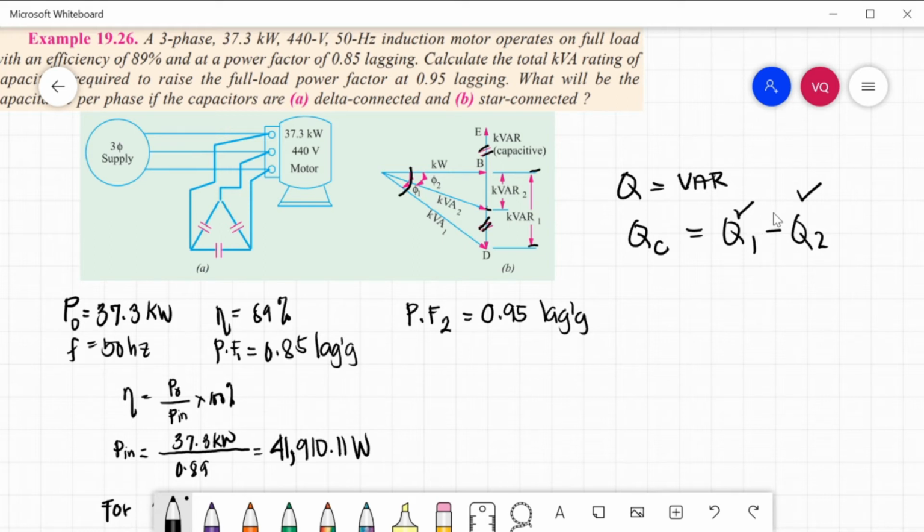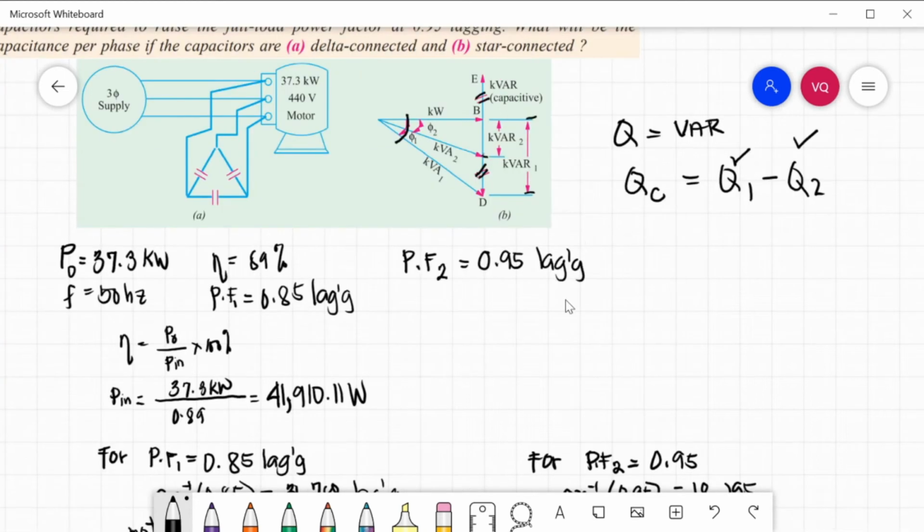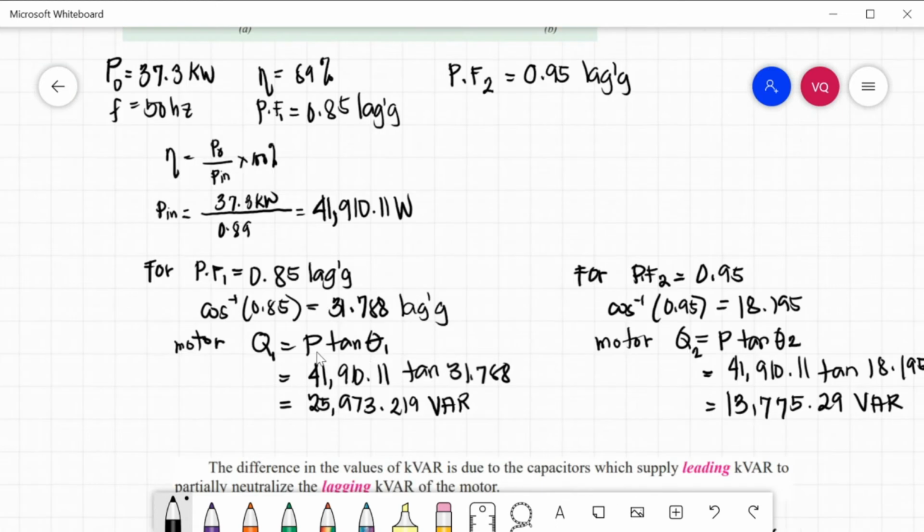So, for Q1, we have the motor power tangent of theta. TOA, so opposite over adjacent. So, that is equal to Q equals P tan theta, 41,910.11 multiplied by the tangent of 31.788, that is 25,973.211 var.